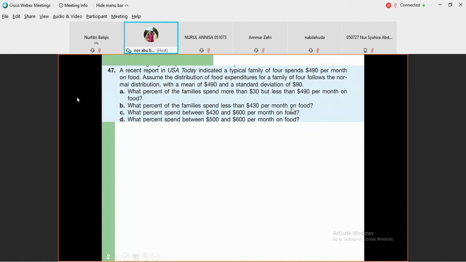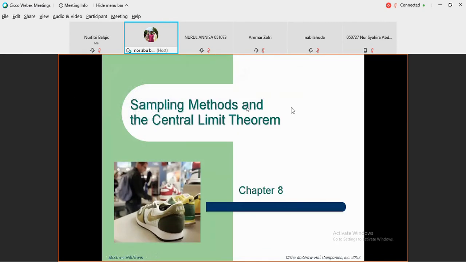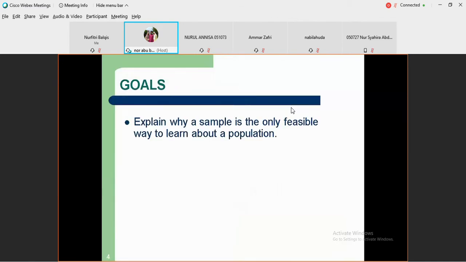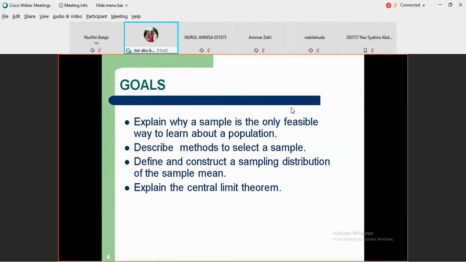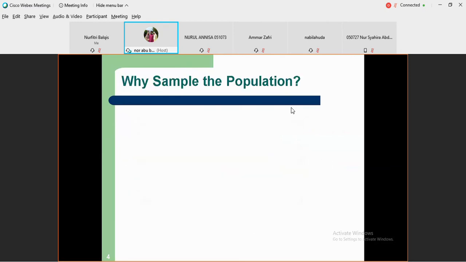Okay. So then kita pergi kepada sampling methods and central limit theorem, but actually we have done this, tapi tak apalah, kita tengok semula. Okay, sampling methods hari tu awak dah buat. You already did this as your exercise, how to select sample, and then why do you sample.